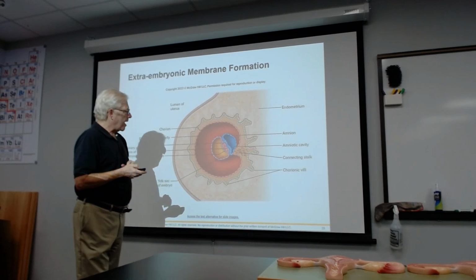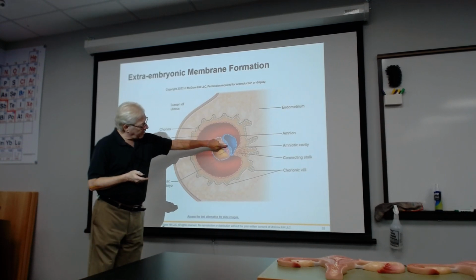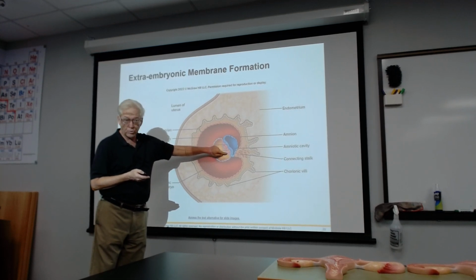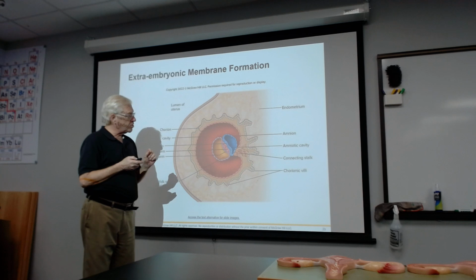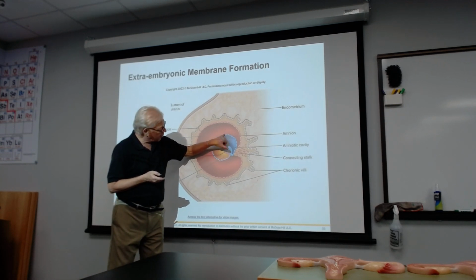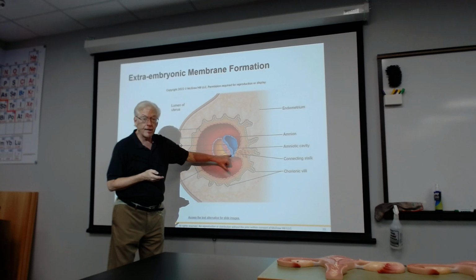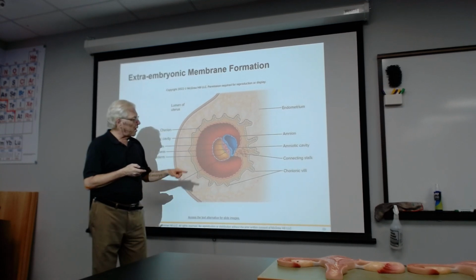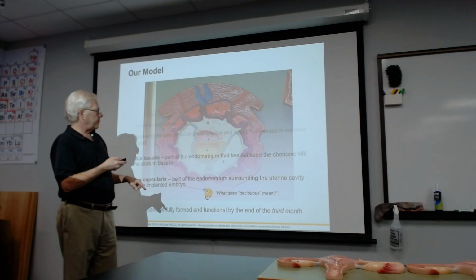The upper layer is the ectoderm, the bottom layer is the endoderm, and the one in the middle is mesoderm. Now the question is, what do they become? At the moment, they're part of the amnion, and this is part of the yolk sac.